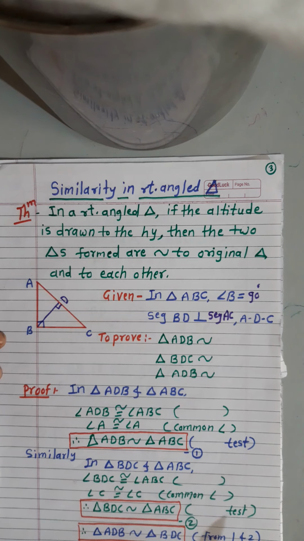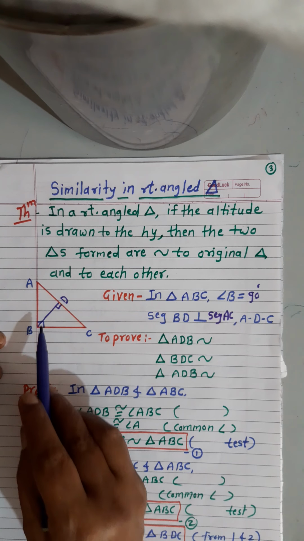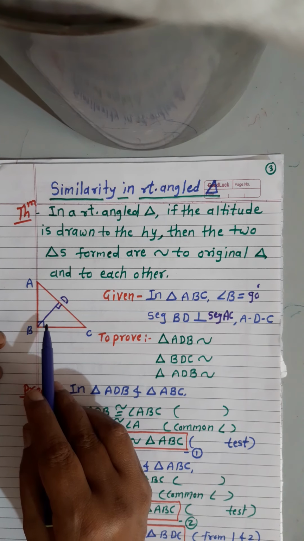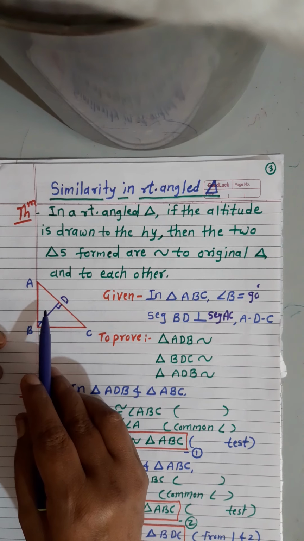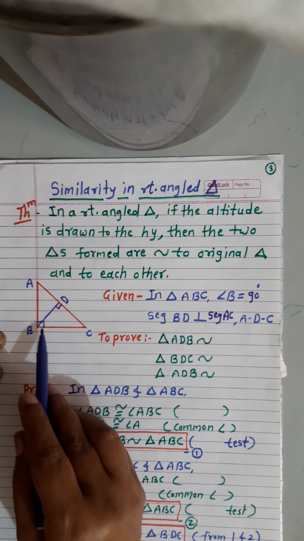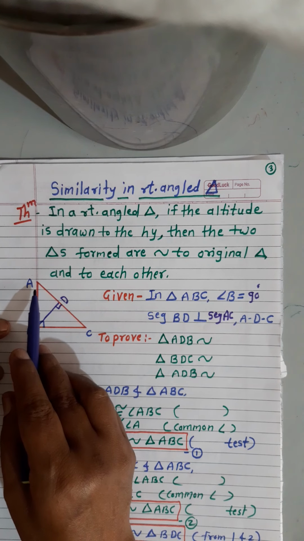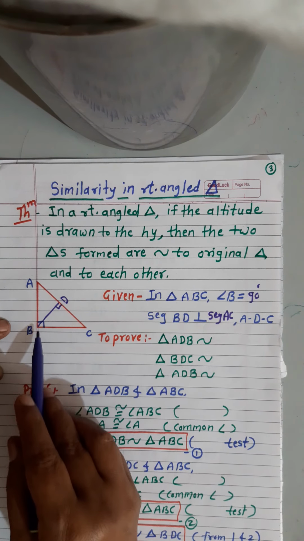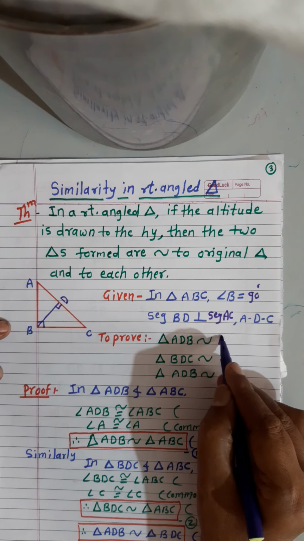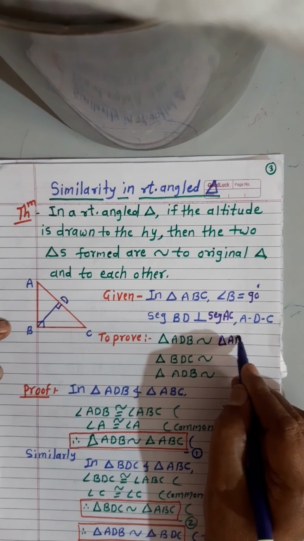What we have to prove? Then these two triangles are formed. The two triangles are similar to the original triangle. That means triangle ADB is similar to the big original triangle ABC.